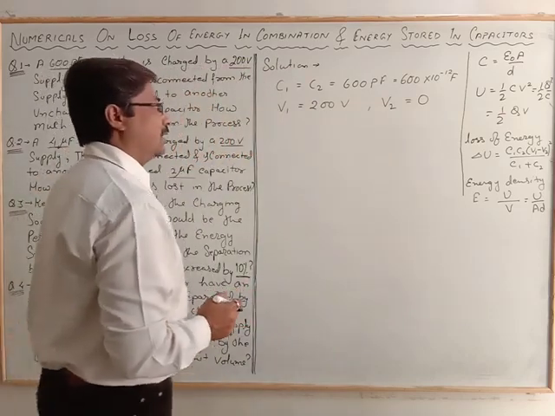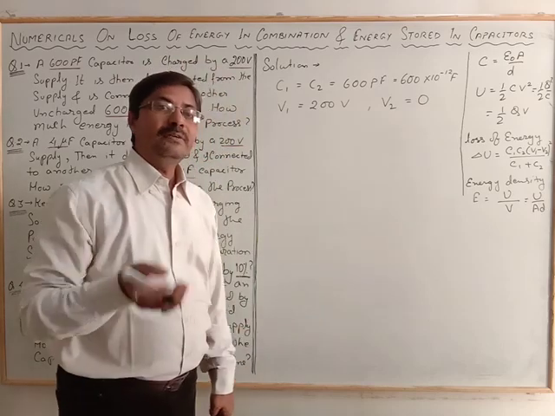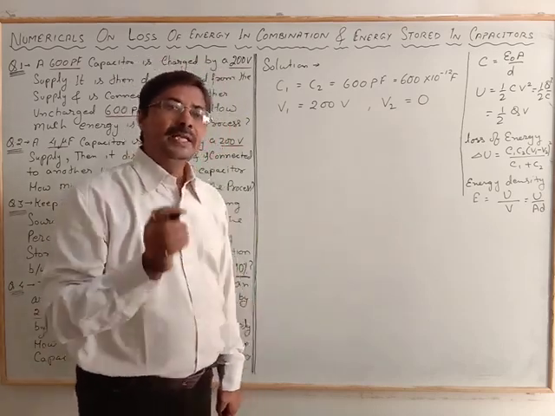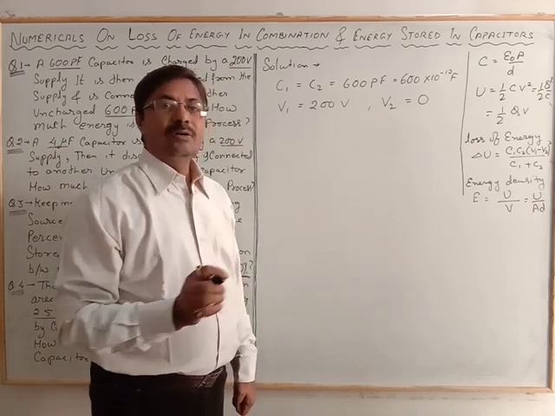How much is the energy loss during the combination? We know that whatever the combination may be, whether it is series or parallel, in any case energy is lost during the combination.